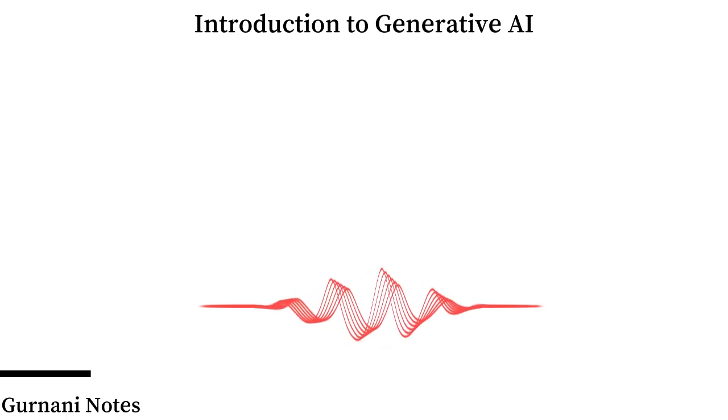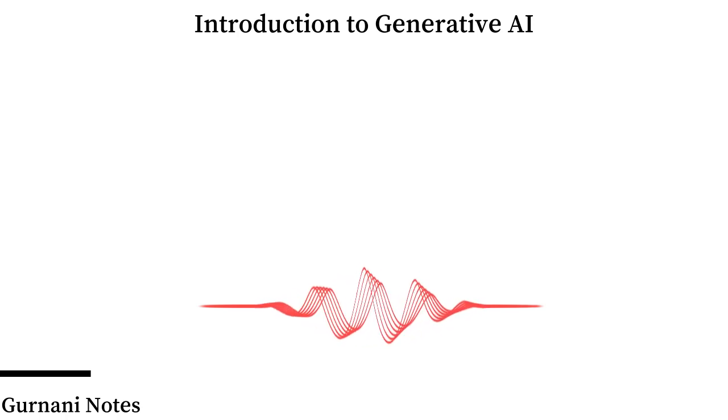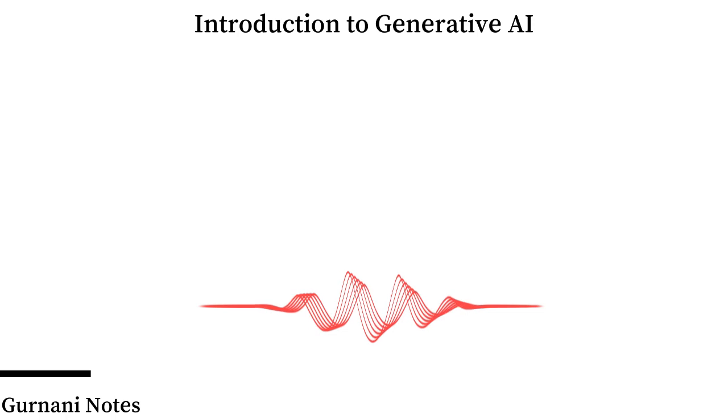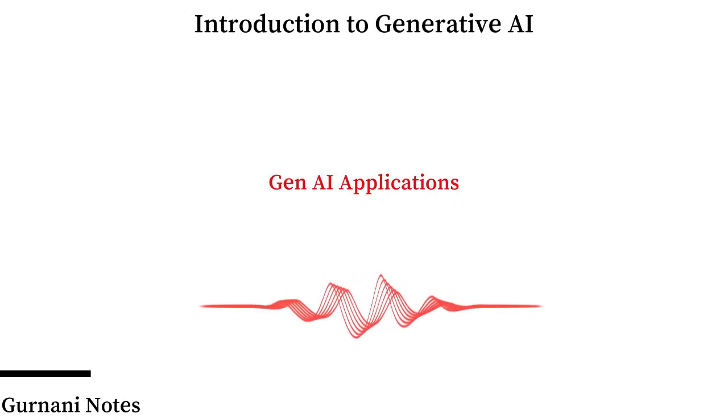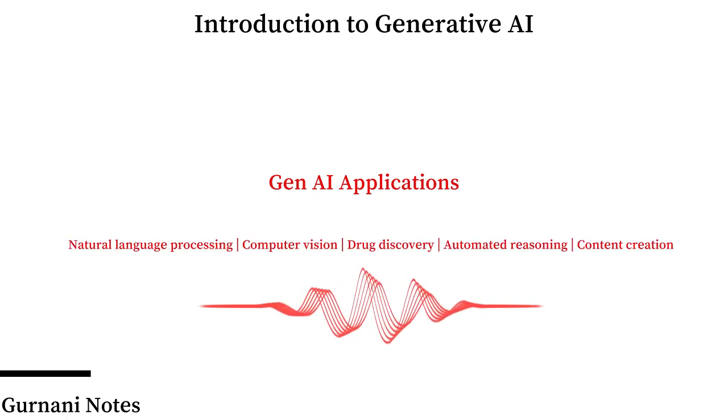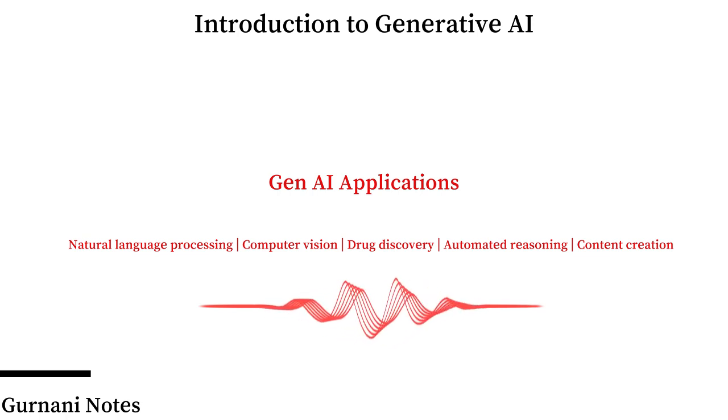Now that we understand a little bit about generative AI, let's go ahead and talk about the applications of generative AI. There are many exciting applications of generative AI across industries. Say, for example, natural language processing. The chatbot is a very good example of natural language processing. Let's look at another example, which falls under the category of computer vision.